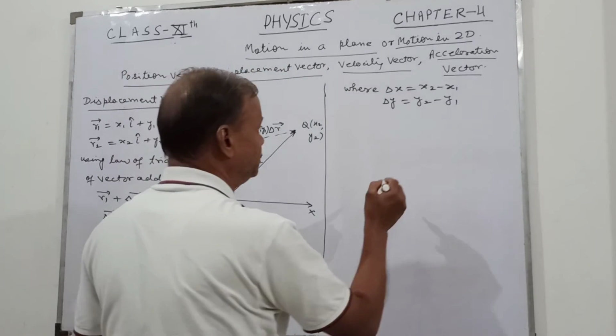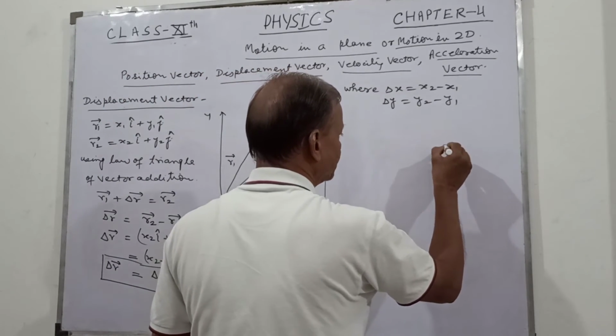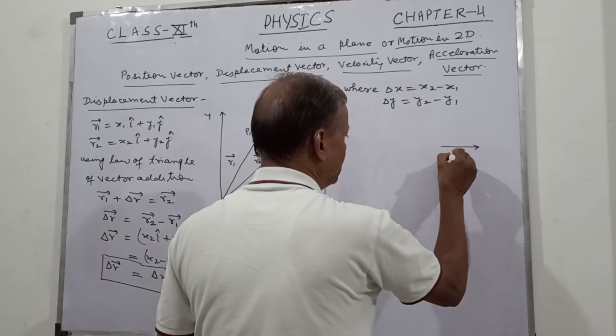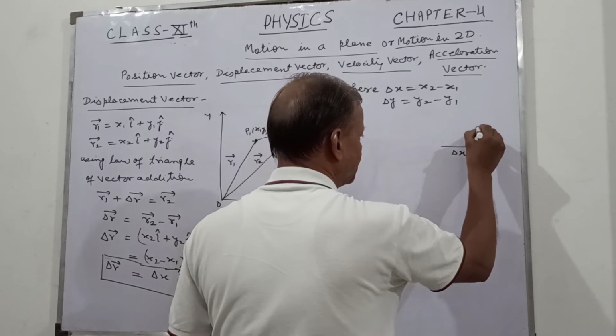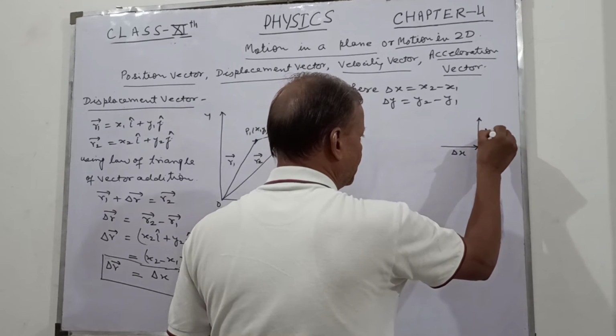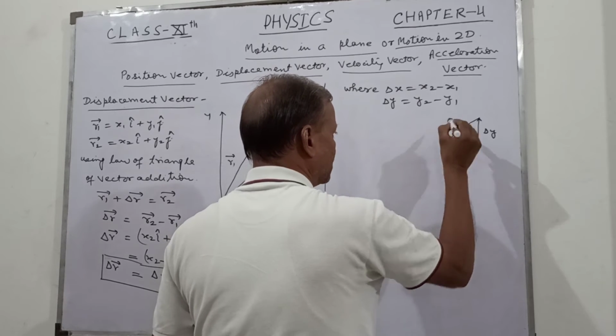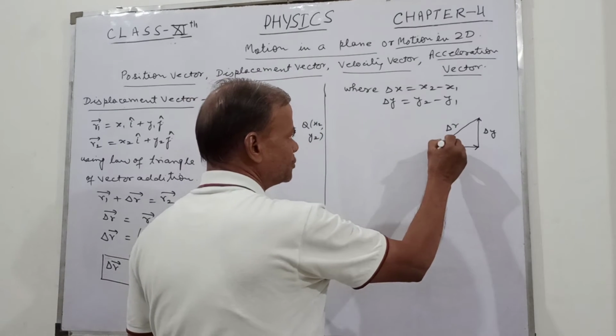Now suppose this is your delta x and this is delta y, then this will be the delta r. Suppose the angle is theta.